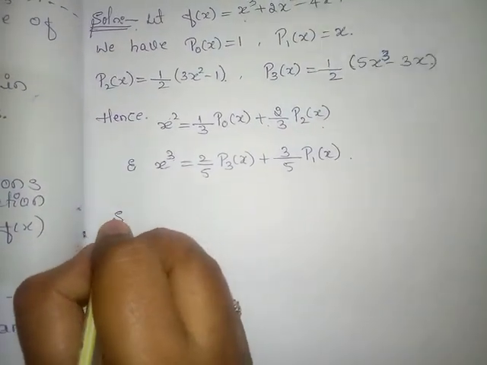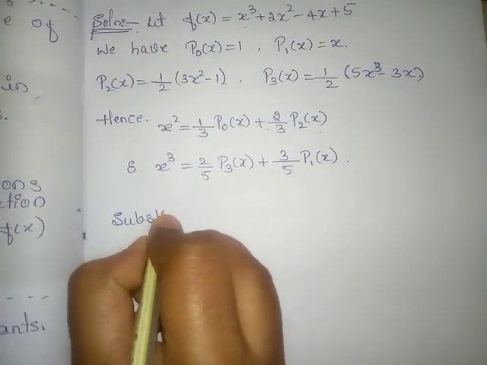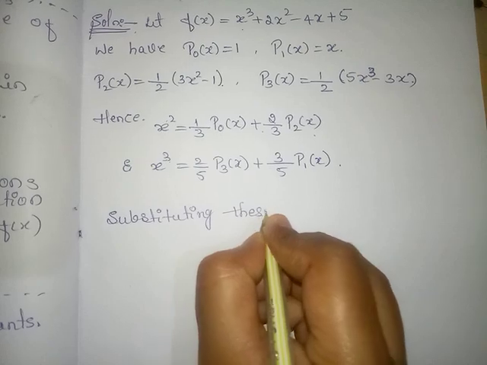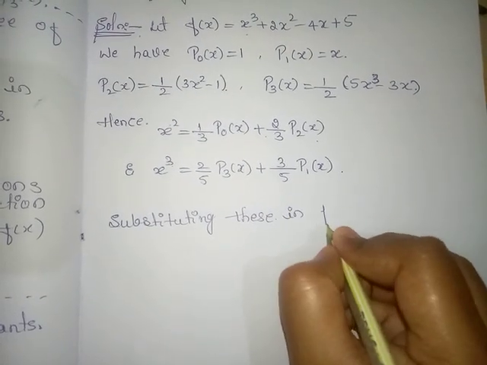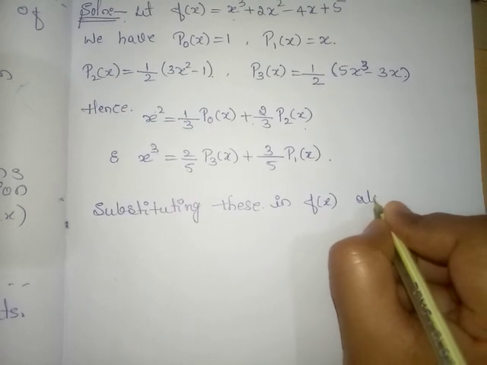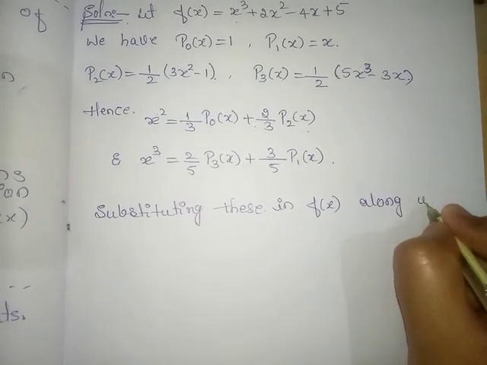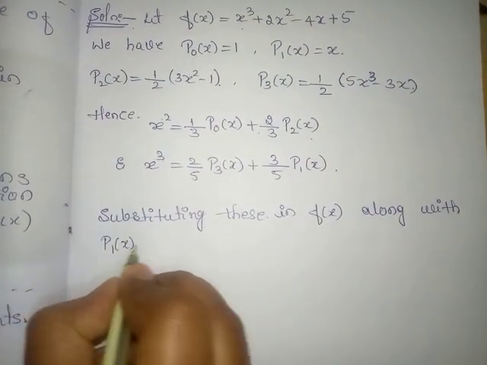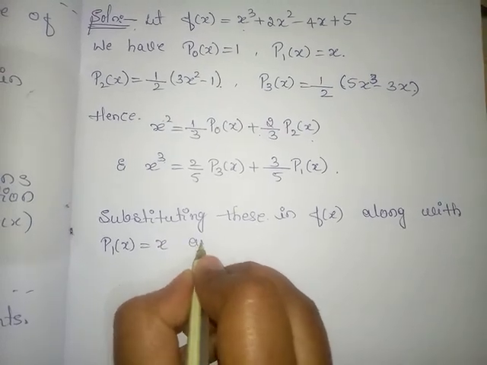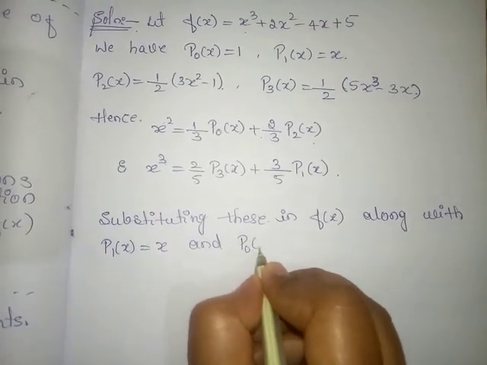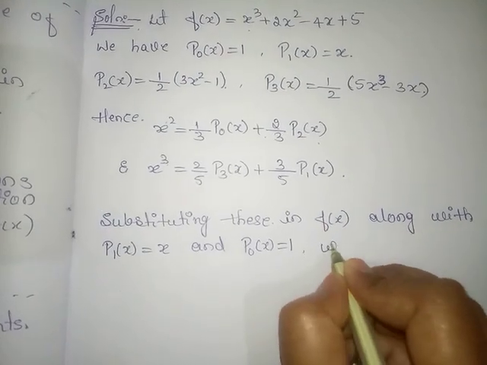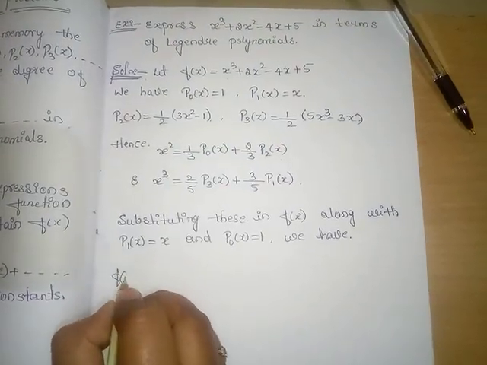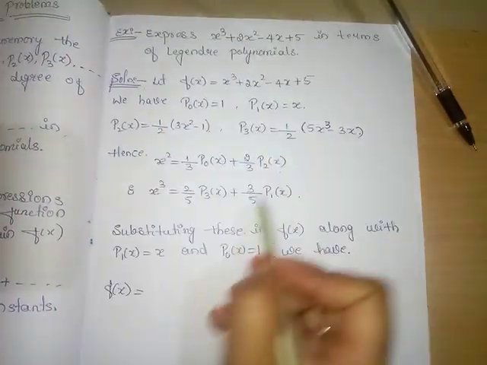Substituting these in f of x, along with x is P1 of x and 1 is P0 of x, we have f of x is equal to x cube in terms of Legendre's polynomial.